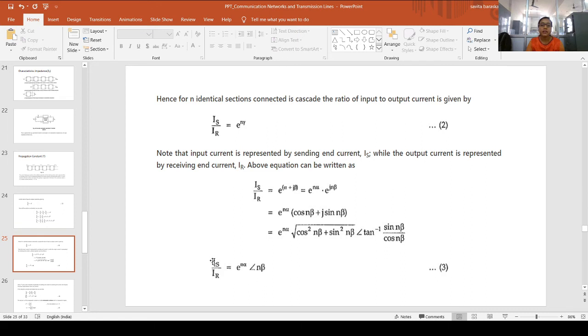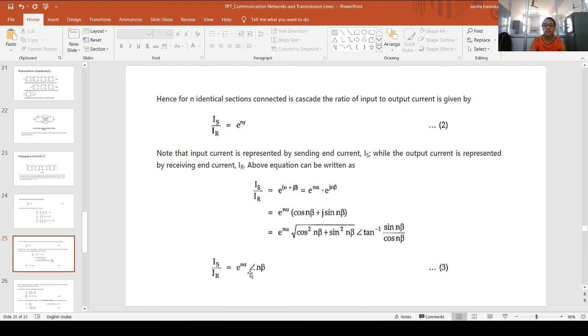So the incoming current to the outgoing current, Is by IR, is equal to e raised to n alpha with angle n beta. How does this come? Tan inverse of sin n beta by cos n beta. So sin by cos is tan n beta, and tan and tan inverse cancel, so we get n beta.